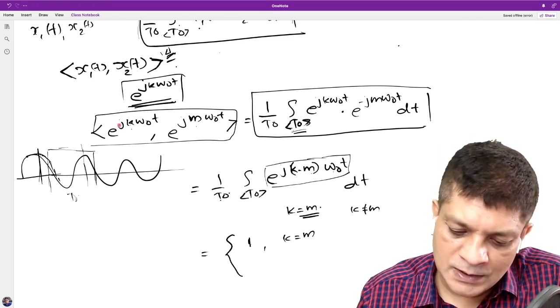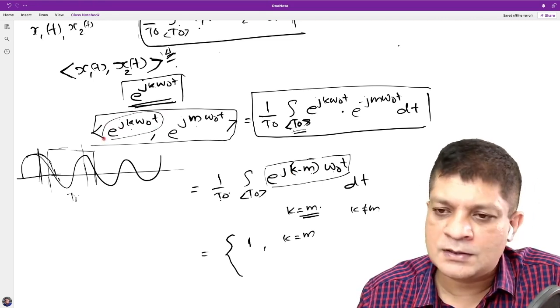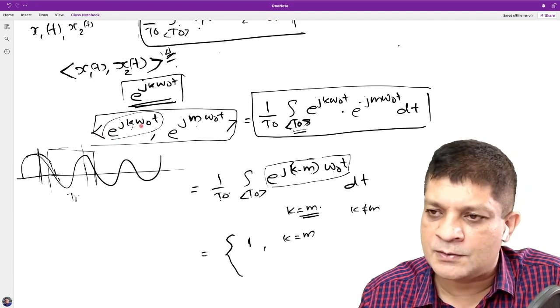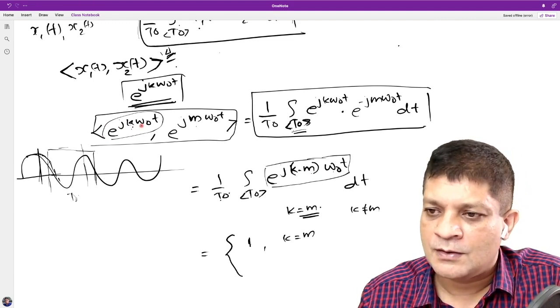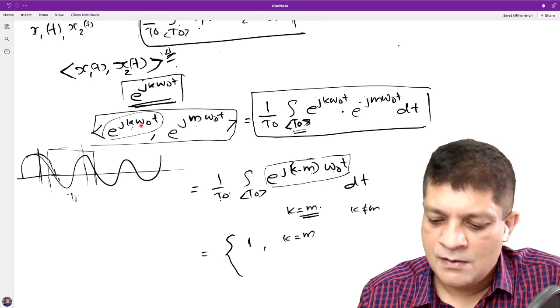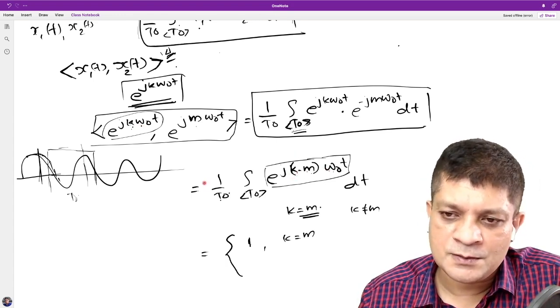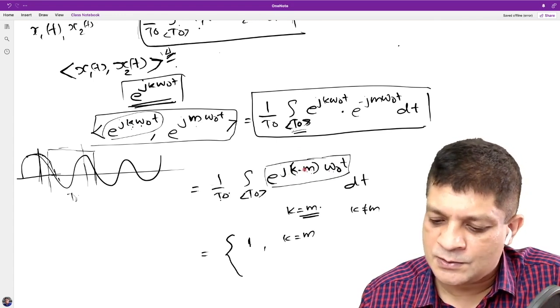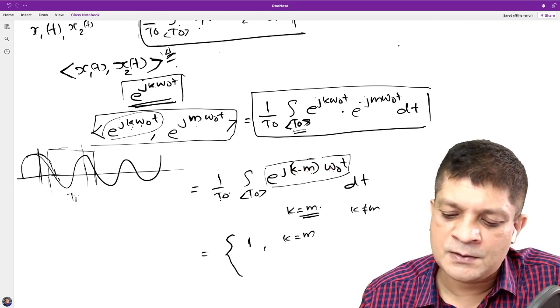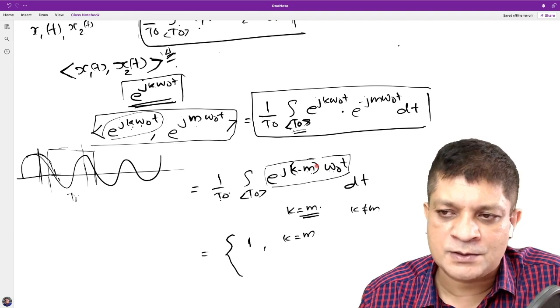What is the frequency of the kth harmonic? It is k times omega naught. So this is (k minus m) times omega naught, and k and m are integers. So we can say that the frequency is an integer multiple of omega naught.